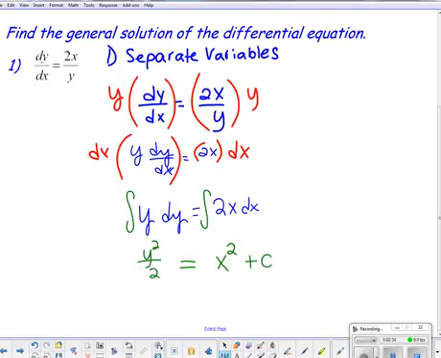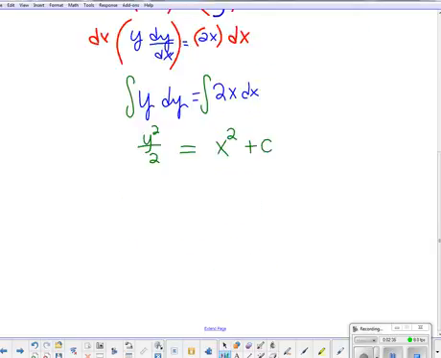That would have been 2x raised to the second divided by 2, and our 2's will cancel. So we're at this point. Now, our objective is to get rid of the 2 here, so we'll multiply both sides by 2, and that'll give me 2x squared plus 2 times c, or I could call it a new c. So I'm just going to keep running with a constant c.